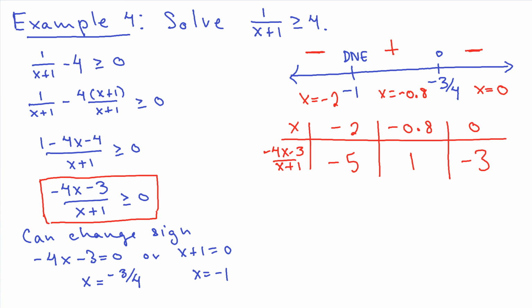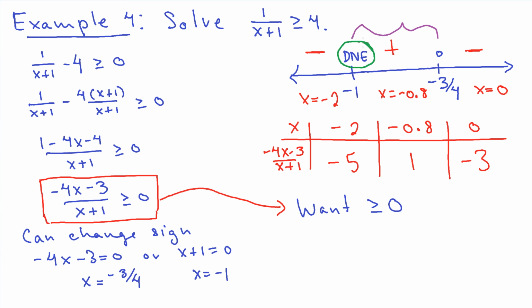So working from what our inequality became, we want greater than or equal to 0. So what we want is this interval right here, but we have to be careful of the fact that our expression does not exist when x is equal to -1.